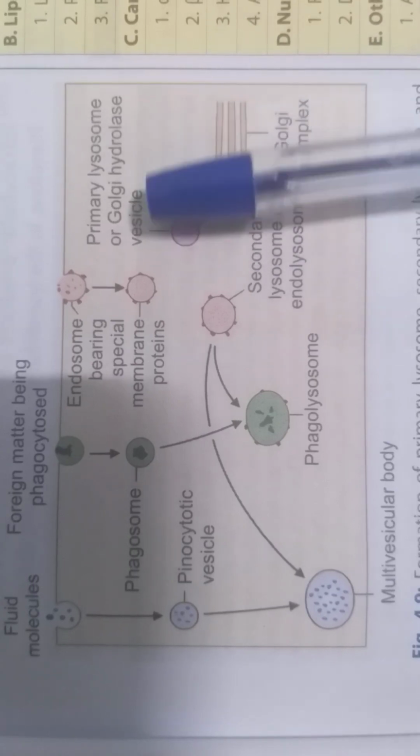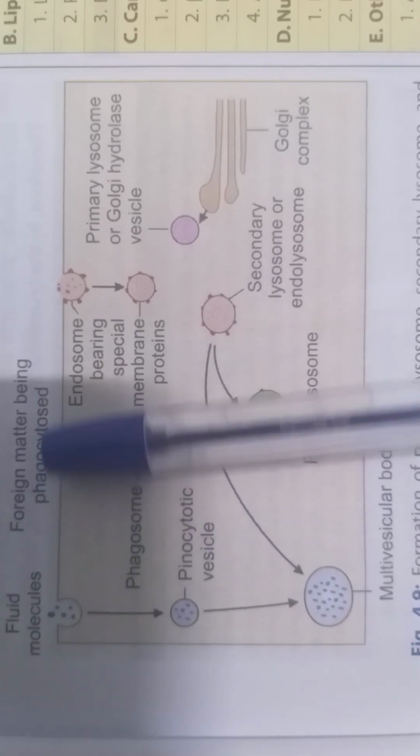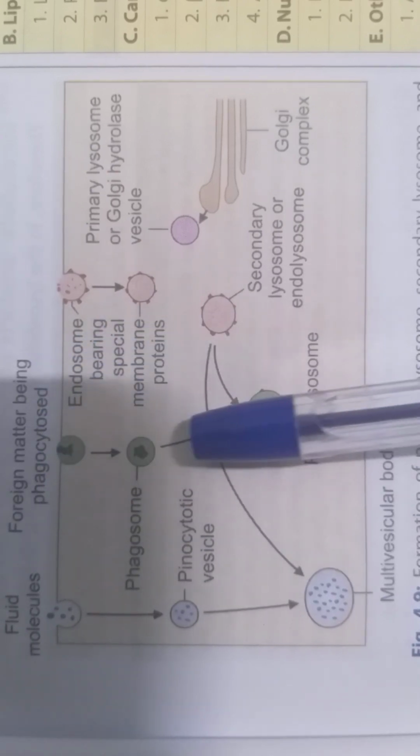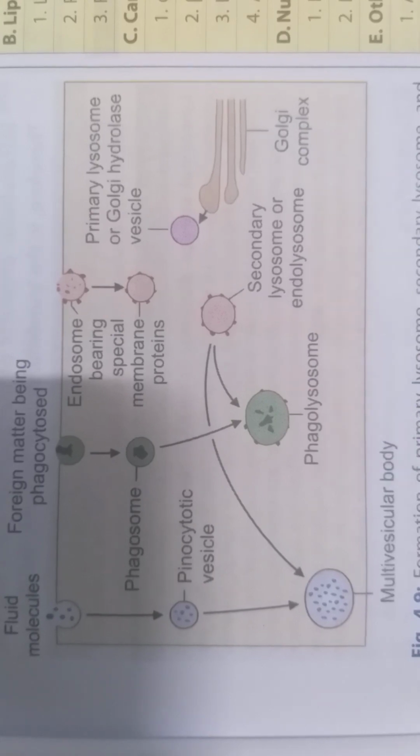Whereas if the primary lysosome combines with the phagosome, which is formed by foreign matter being phagocytosed into the cell, then we get the phagolysosome, which is also known as the tertiary lysosome.